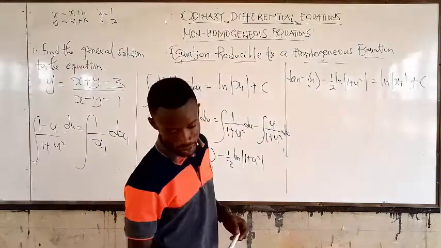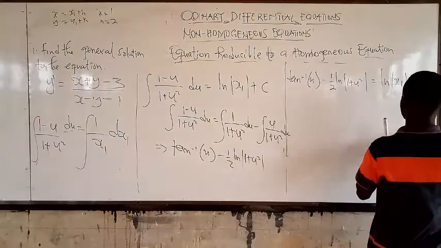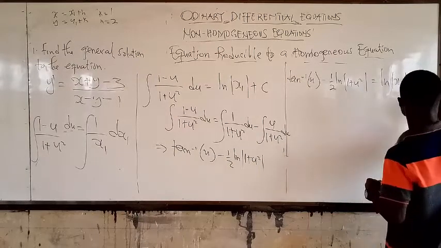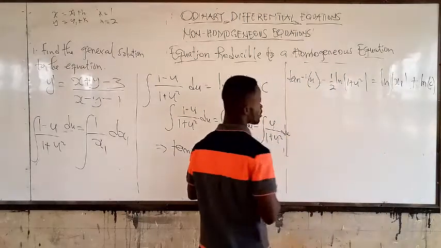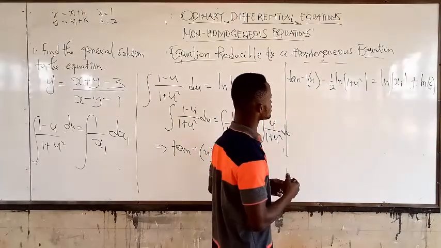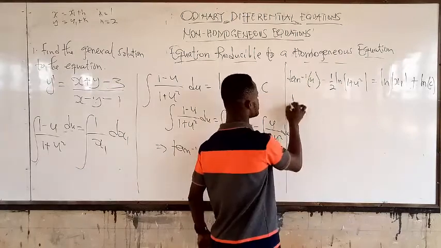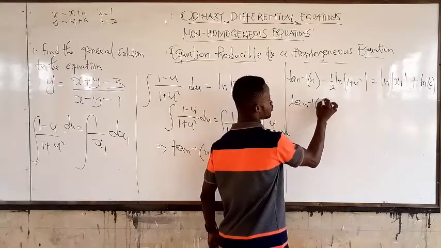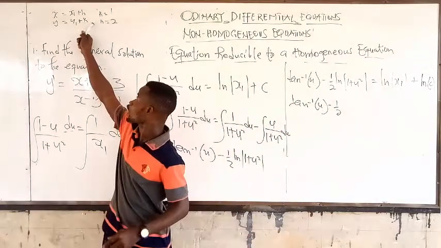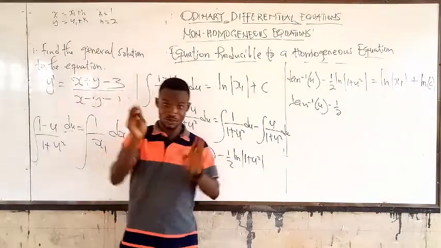Alright? We can say that let's write this as ln c. So when we write that as ln c, we can see that here we write tan inverse of u minus 1 over 2. Don't forget this though. It will come in.